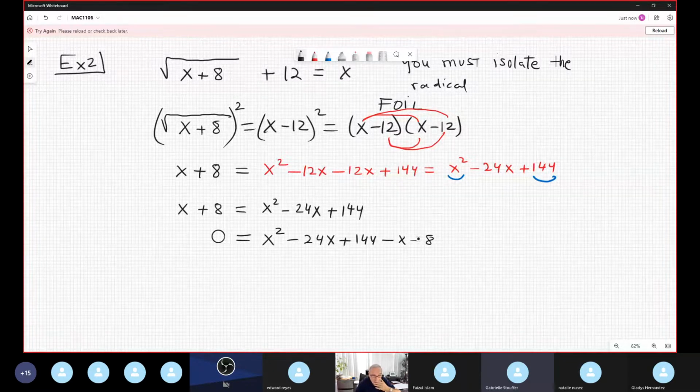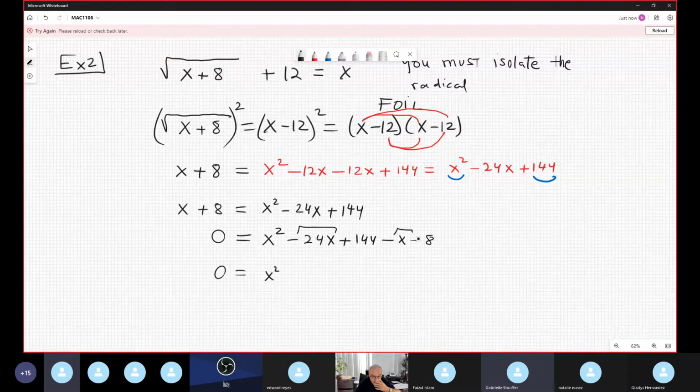Yes. Now, the x terms we combine, like terms, because they contain the same variable. So negative 25x, and 144 minus a is 136. Wow, and this is my equation.